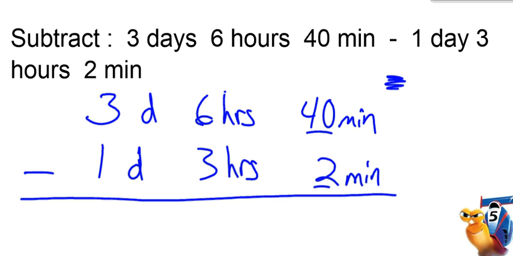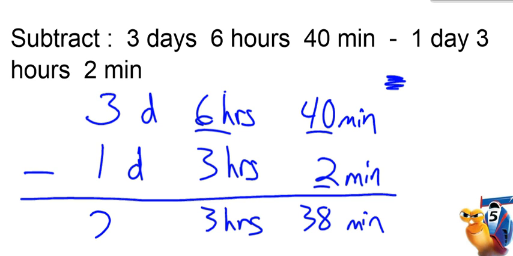We don't have to borrow from our hours, so we can subtract and get 38 minutes. From here, I now have 6 hours, 3 hours. This is definitely the larger number, so I can just subtract. That's going to give me 3 hours. And then everything's working out. This one was way too easy. 2 days, 3 hours, 38 minutes.